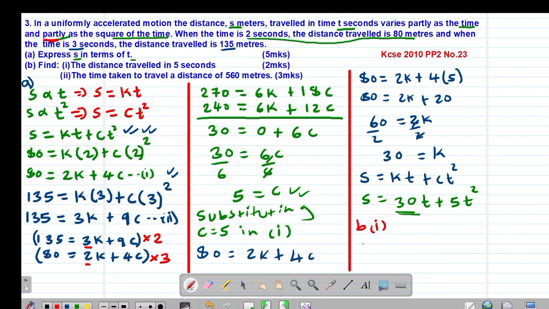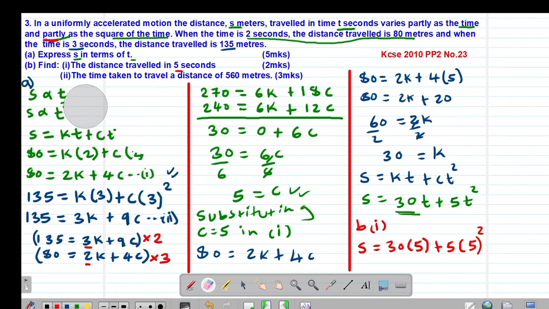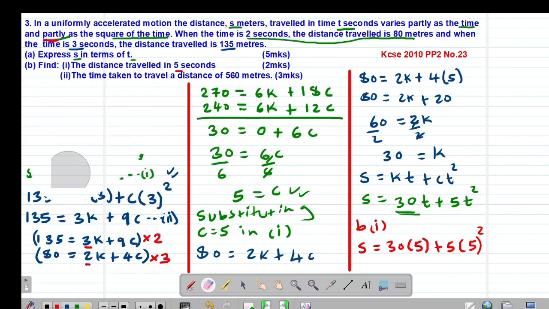So I'm going to have s being equal to 30. We are told that in 5 seconds, that means t is actually 5. So this will be 30 into 5, then of course plus 5 into t squared, of course t is 5, so this will simply be 5 squared. Now if I substitute in the equation, this is what I'm going to get.